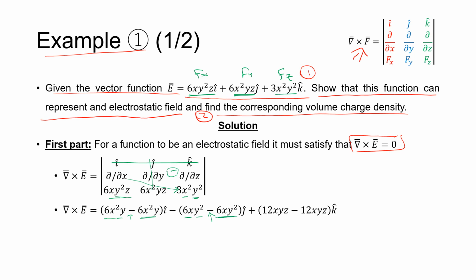Of course, all of these are constant for z. Likewise, you can do it for k, but don't forget that this part is positive. If you check here, you'll find this equals this part, so it's 0. Same here, same here. So all of these quantities equal 0, meaning curl E, or nabla cross E, is equal to 0. Then we have proved that this is an electrostatic field.